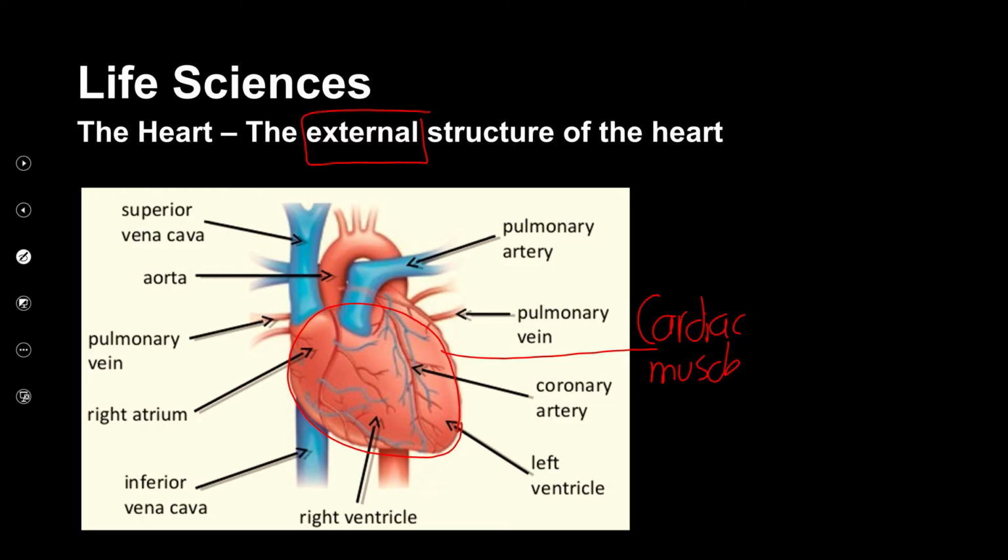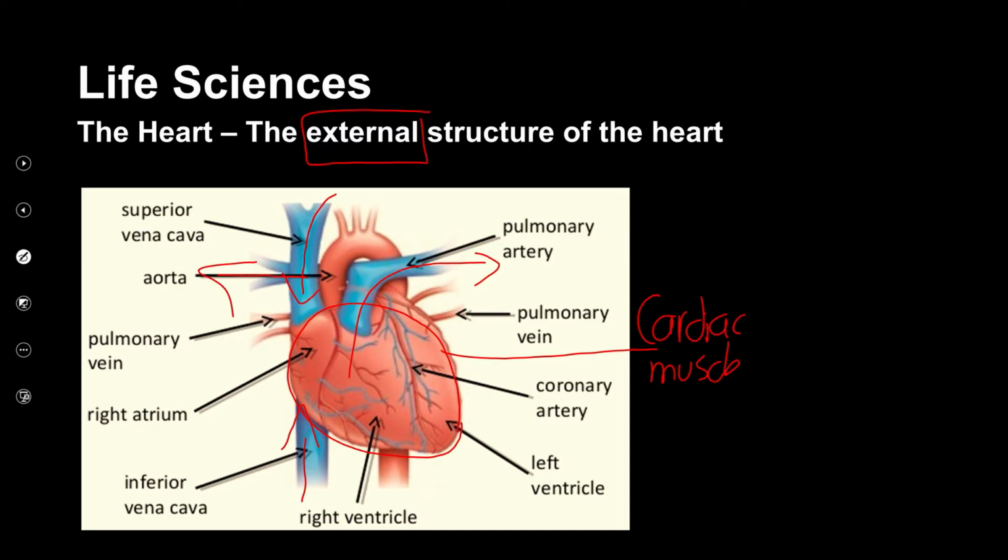What do we also notice about this muscle? That we have these tubes that are going to bring blood into this pump, and the heart, this pump, is going to take blood out. That's the whole concept when we look at the external structure.